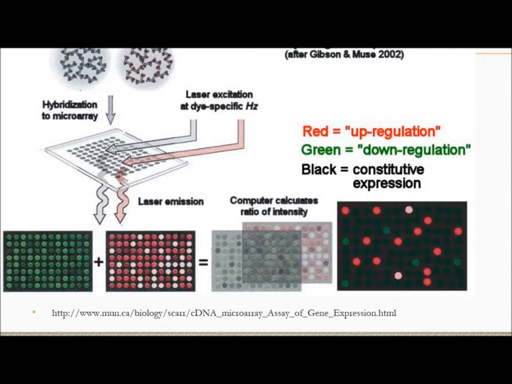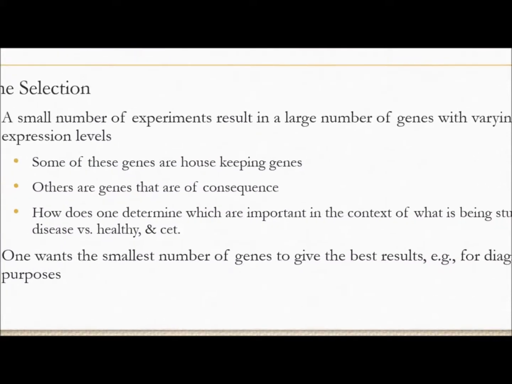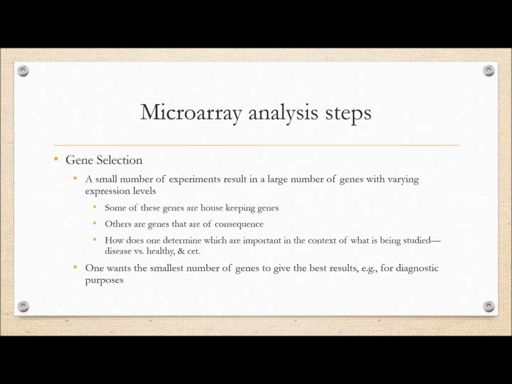Okay, and that's why microarrays were so useful. And let's do a wrap up on microarray analysis. So you have a gene selection: a small number of experiments result in a large number of genes with varying expression levels. Some of the genes are housekeeping genes, not really important. In the sense, when I say not important, it means that they are not really overexpressed or underexpressed, or not really involved in the causation of a tumor.